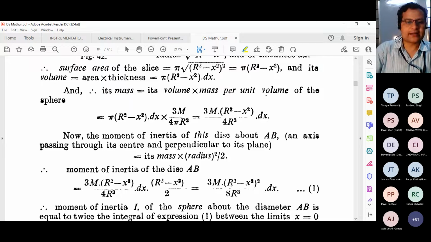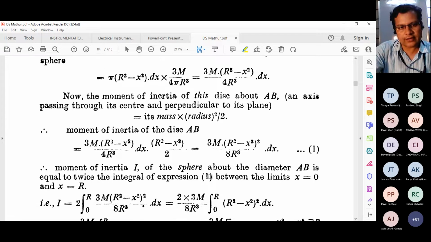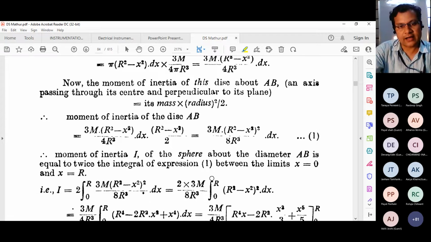The radius of that particular disc AB, which is square root of r square minus x square, so its square becomes r square minus x square. Divided by 2 and multiplied by the mass we calculated, 3M (r square minus x square) divided by 4r cube dx, you get the moment of inertia of the disc.